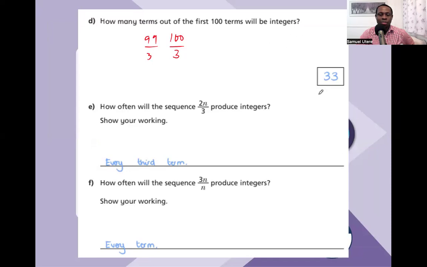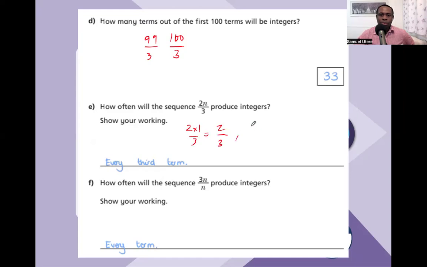Integer term. Next, for E, you're asked, how often will the sequence 2n divided by 3 produce integers? Well, every third term will produce integers. So you could work this out to see that. The first one will be 2 times 1 divided by 3, which is 2 over 3.